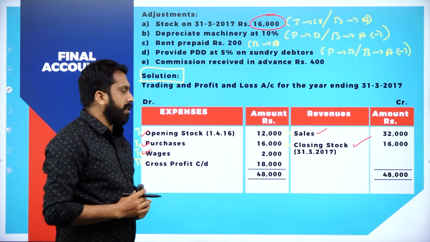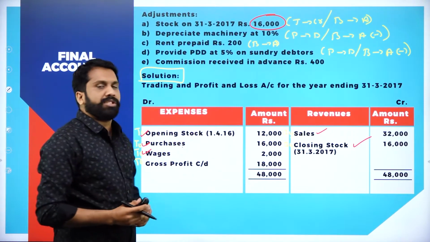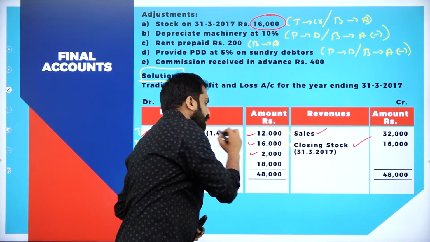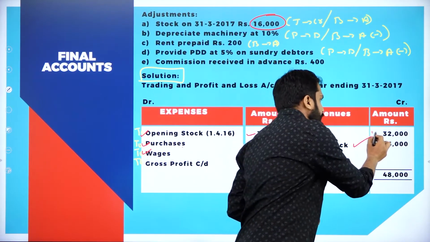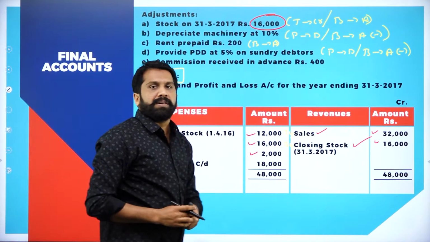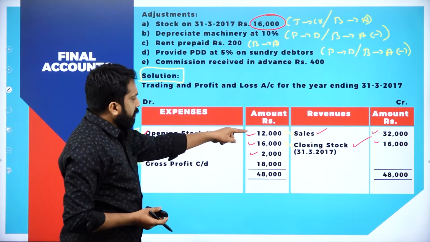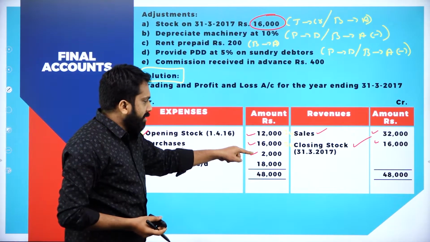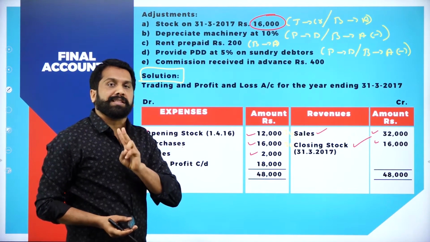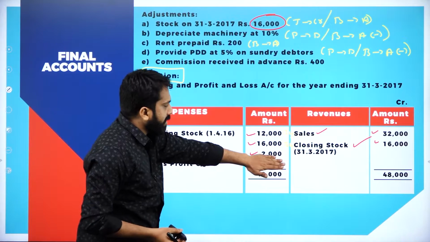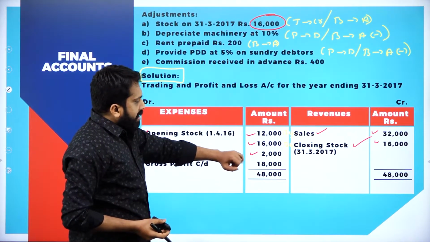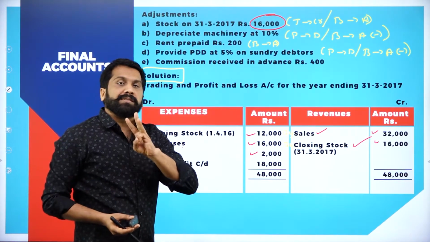Hope no doubts. Now, you have to see which side is more. So this is done, and done. Your sales is over and closing stock is over. Now, just add 12 plus 16,000, 28,000. 28 plus 2,000, it is 30,000.